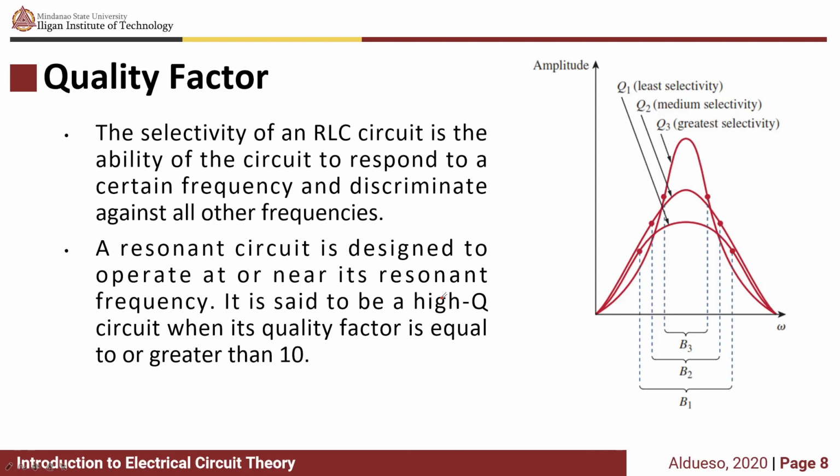A resonance circuit is designed to operate at or near its resonance frequency. It is said to be a high Q circuit when its quality factor is equal to or greater than 10. So if you have high Q, you have better selectivity because you can narrow down the bandwidth.